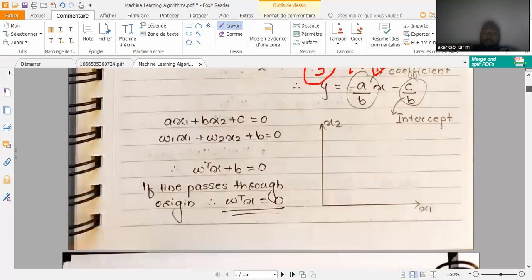So if we go to the bottom, we see the axes x1 and x2, and we have the same equation. We have a times x1 plus b times x2 plus c equal to 0, and we also have w1 x1 plus w2 x2 plus b equal to 0.